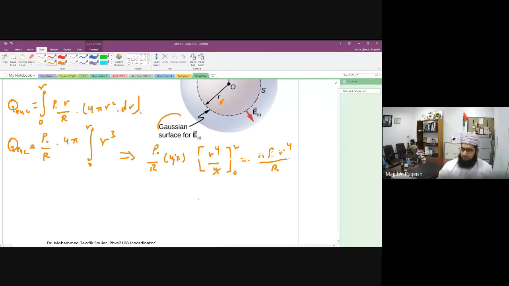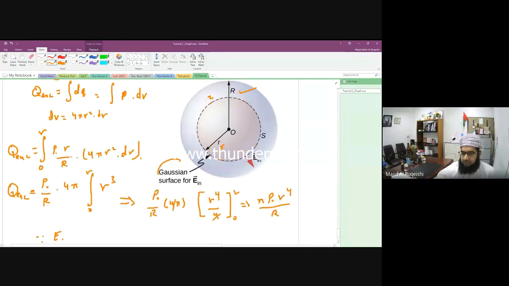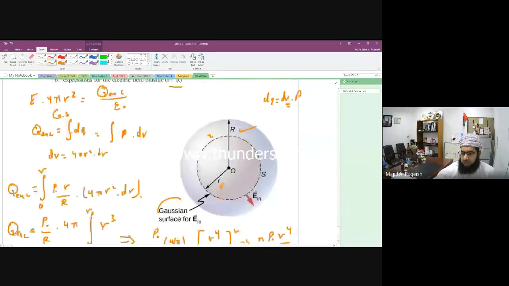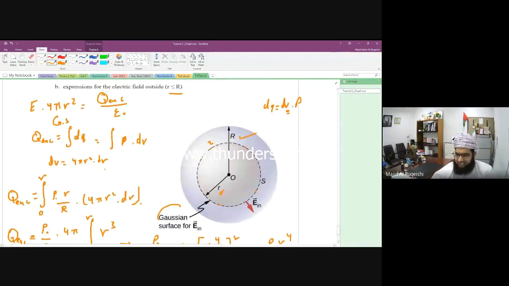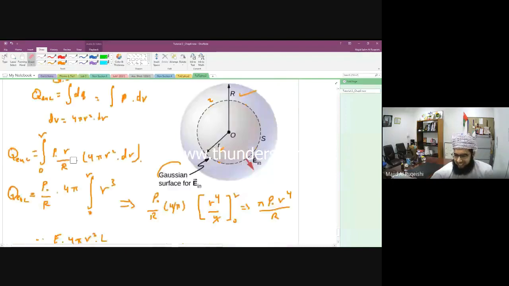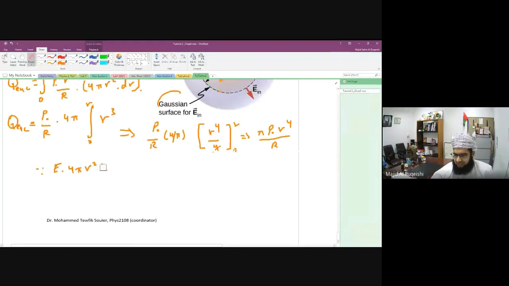But this is Q enclosed. We are not looking for Q enclosed, we are looking for E. So we know E into 4πr squared, which is the Gaussian surface. Don't forget, there is no L here. I'm sorry. There is no L here, so there is nothing like L here.